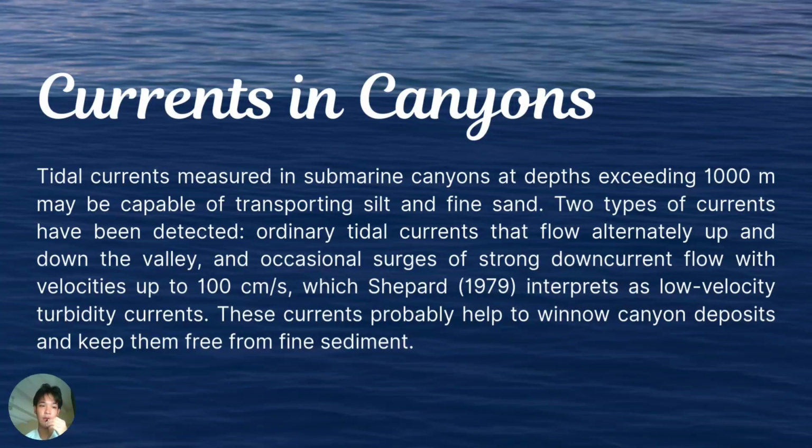Two types of currents have been detected: ordinary tidal currents that flow alternately up and down the valley, and occasional surges of strong down-canyon flow with velocities up to 100 centimeters per second, which Shepard 1979 interprets as low-velocity turbidity currents. These currents probably help to winnow canyon deposits and keep them free from fine sediments.